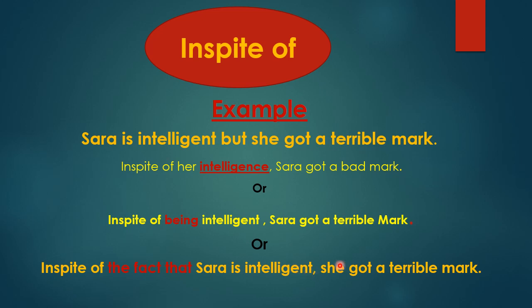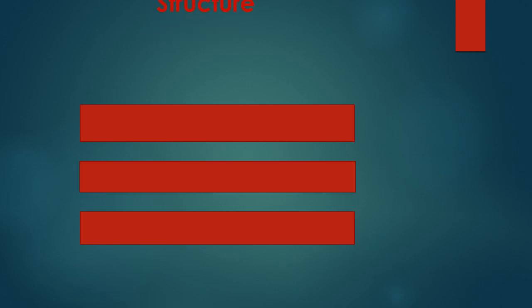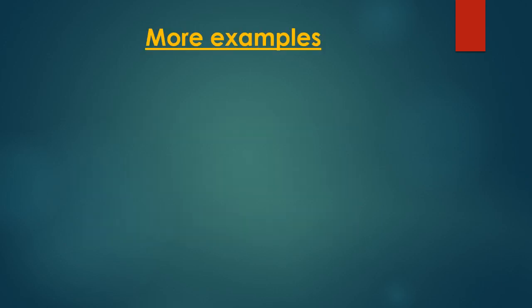In spite of the fact that Sarah is intelligent, she got a terrible mark. So here, as you can see, we have three possibilities. The structure, as I have just mentioned, is in spite of plus noun, in spite of plus gerund, or in spite of plus the fact that.